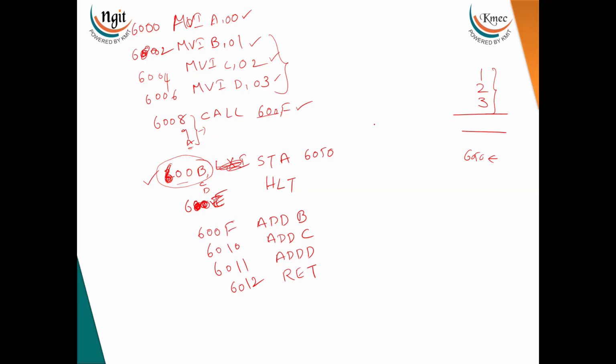Now this will be stored onto the stack and it jumps to this location and executes these instructions, and after the return instruction again it will go back to the stack, and whatever data is on the stack is popped onto the PC, and the next instructions are executed in the main program. Now this is how to write the program by using the call instruction or using a subroutine.